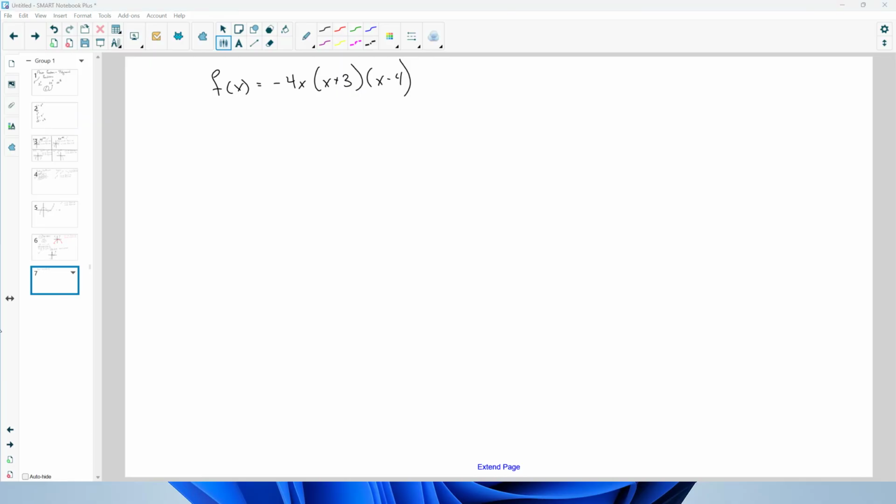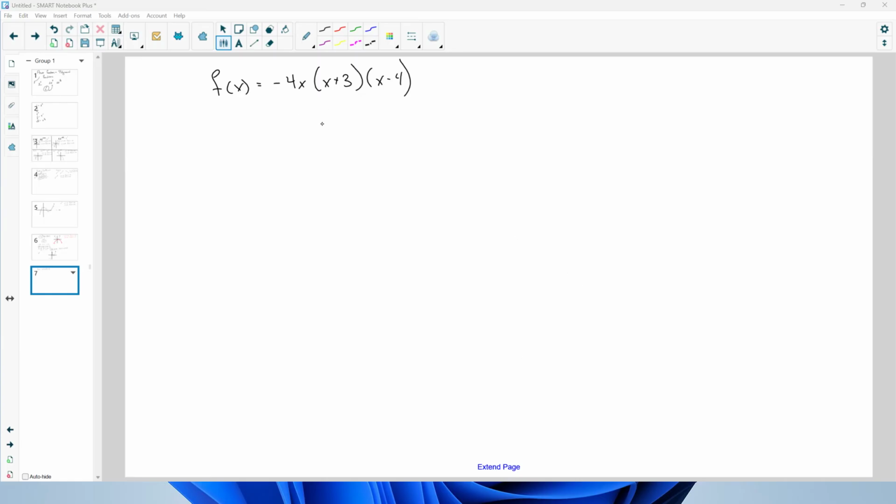And we're gonna graph all this, and we want to determine how many turning points are there, how many positive, negative, even, odd.